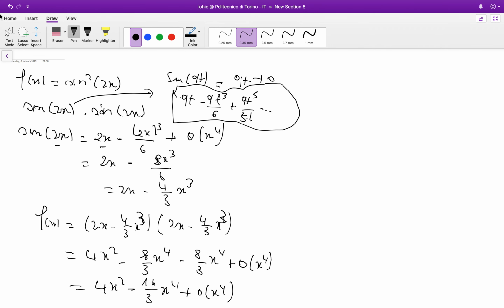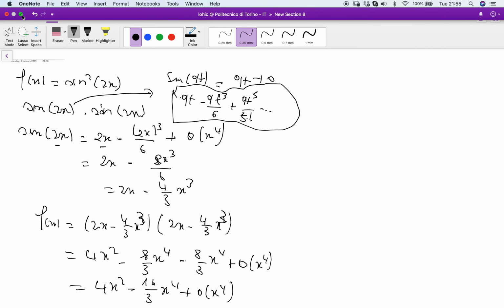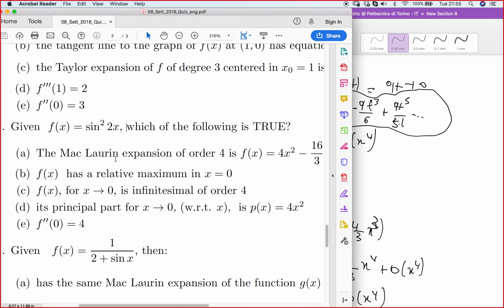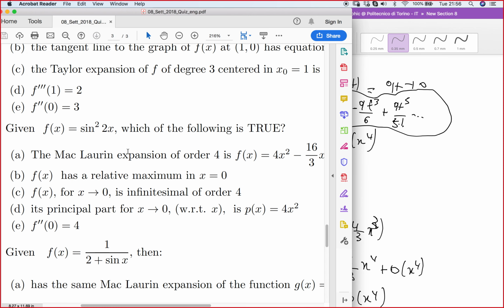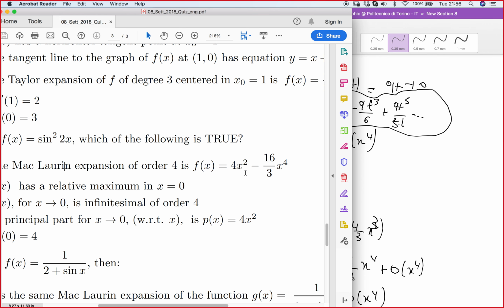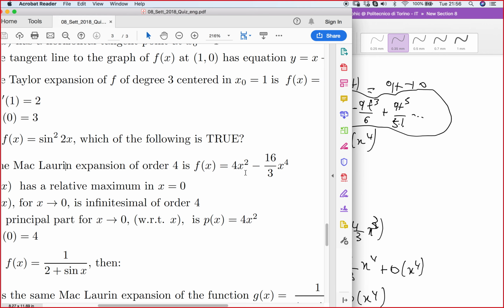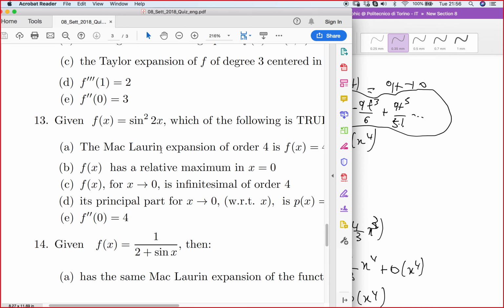Let's go back to the PDF to see which answer is the correct one. The answer says that the Maclaurin expansion of order 4 is 4x squared minus 16 over 4. Is this true or false?